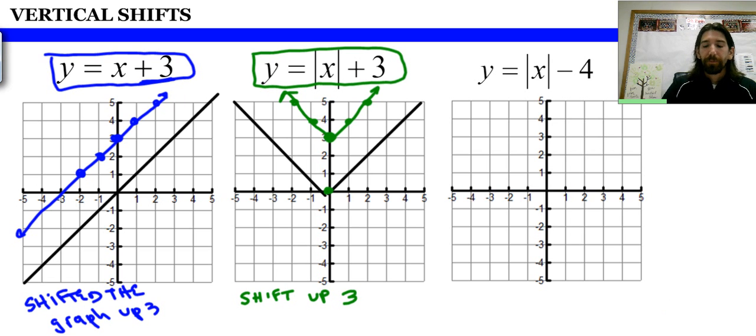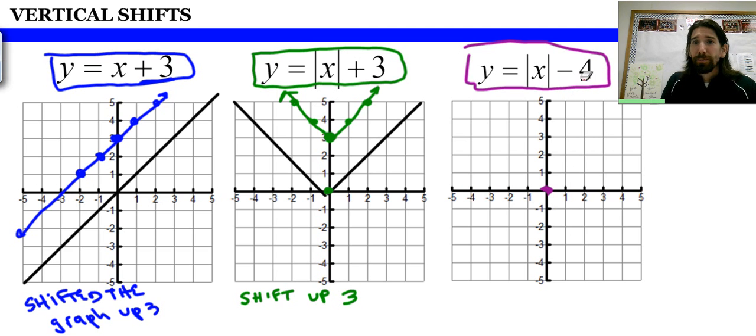All right, so now let's look at the next equation, this one here. We know the parent function's vertex is right there, but this -4 on the outside means I need to shift down 4. So instead of being at (0, 0), I'm going to go down 4. 1, 2, 3, 4.